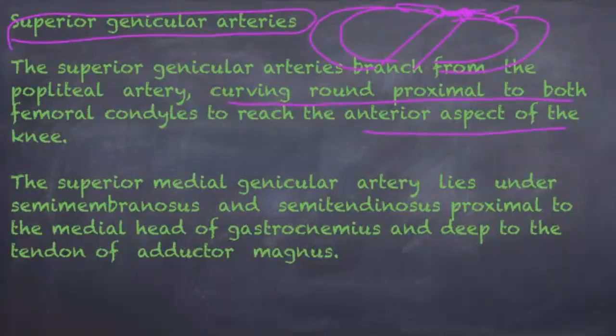The superior medial genicular artery lies under semimembranosus and semitendinosus, proximal to the medial head of the gastrocnemius and deep to the tendon of adductor magnus. Because this is the medial side, we have relations of semimembranosus, semitendinosus and gastrocnemius.